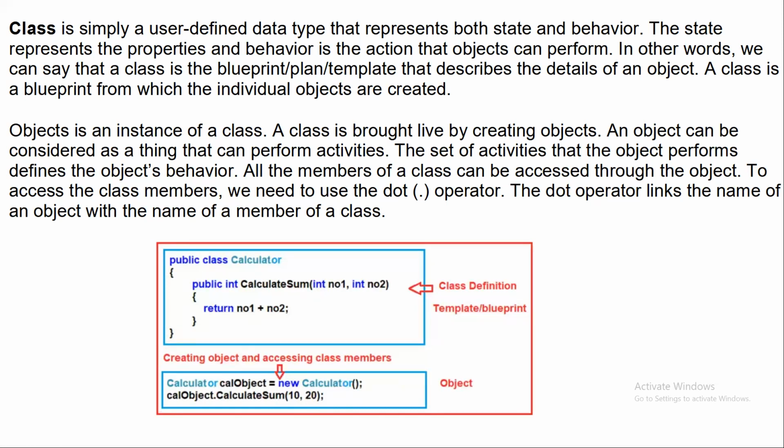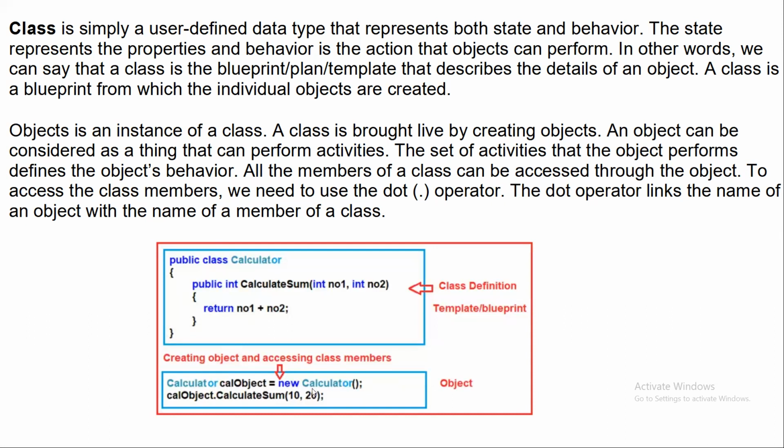So a class contains a set of variables, properties, and methods. And if you want to use a class, you have to create an object. So here I am creating an object called call object for a class called calculator. The new keyword means to instantiate or create the object.